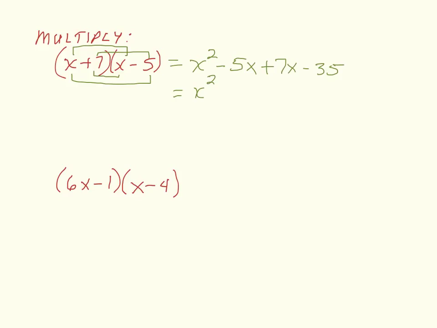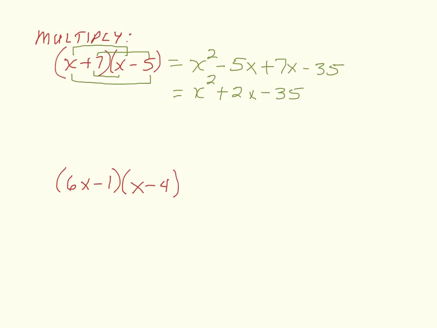Okay, so now we can combine whatever like terms we have. We have some x terms, negative 5x plus 7x is plus 2x, and then minus 35. So when you multiply the two binomials using FOIL, you are going to end up with terms that you can combine, and you ultimately end up with a trinomial.